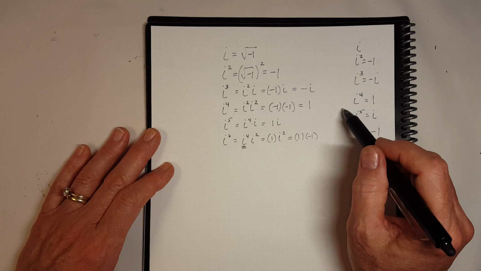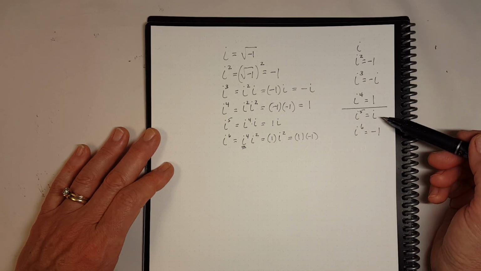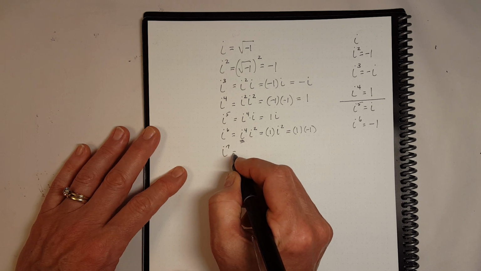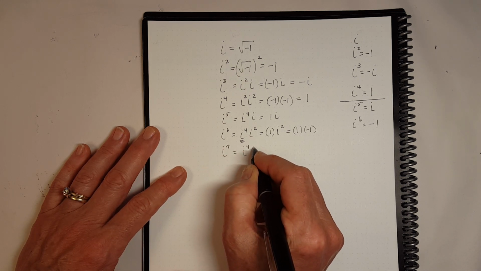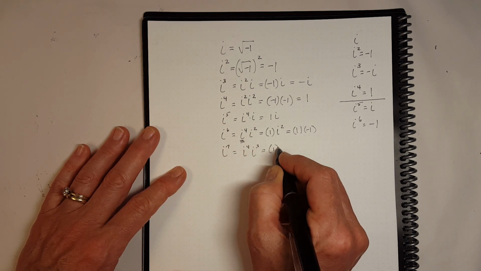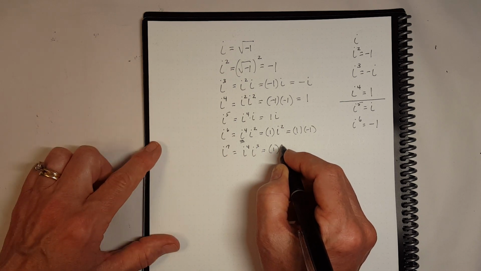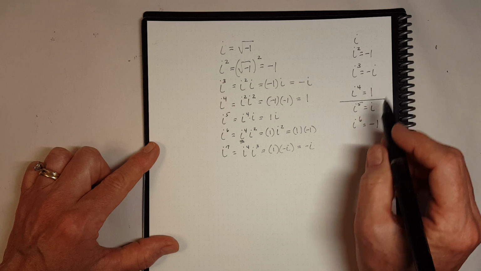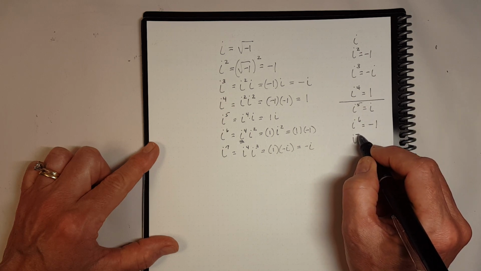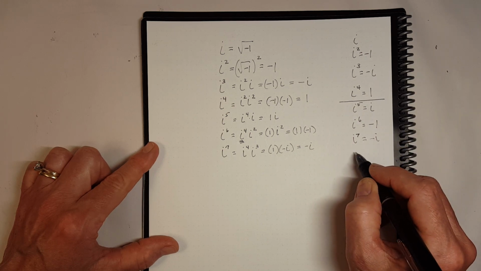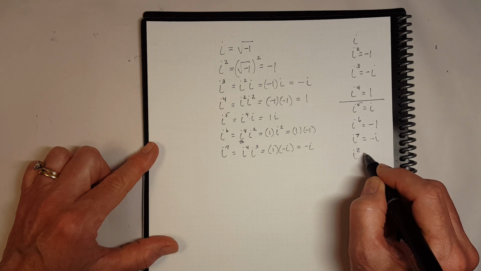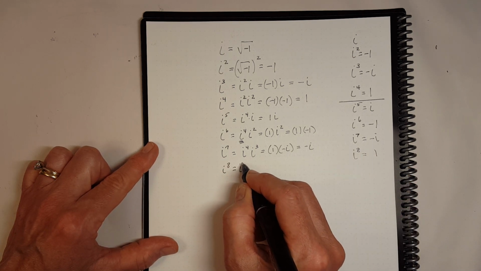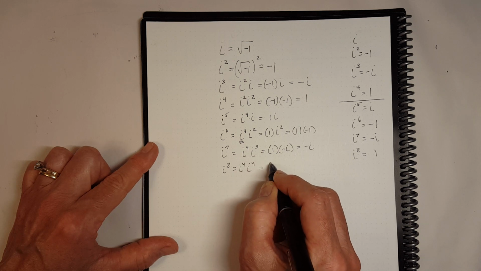And so you see that I'm repeating my same 4. If we did i to the 7th, i to the 7th is i to the 4th times i cubed, and i to the 4th is 1, and i cubed is negative i, and so i to the 7th is negative i, just like i to the 3 is negative i. And I think that you can figure out that i to the 8th is equal to 1, because i to the 8th is equal to i to the 4th times i to the 4th, which is 1 times 1.